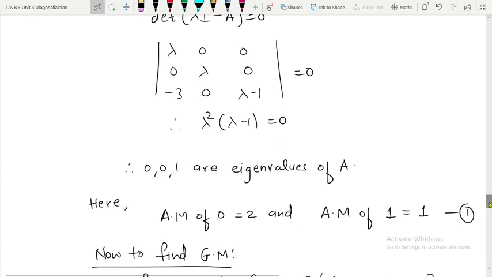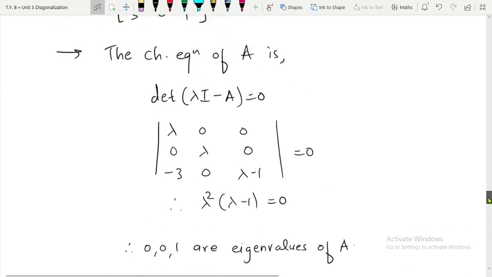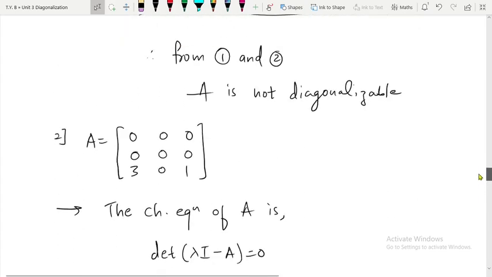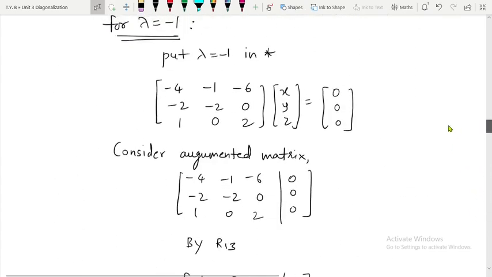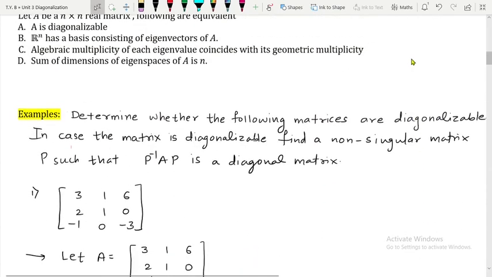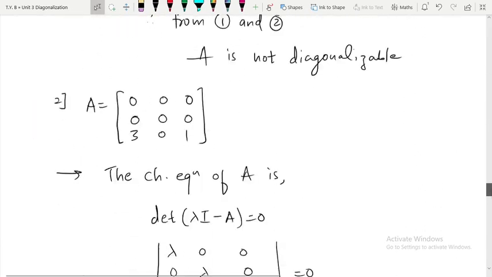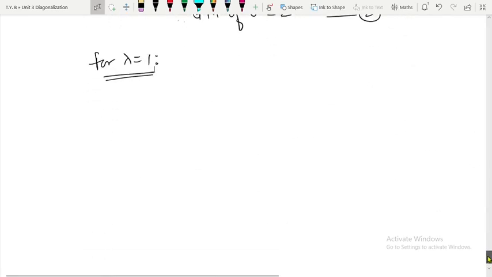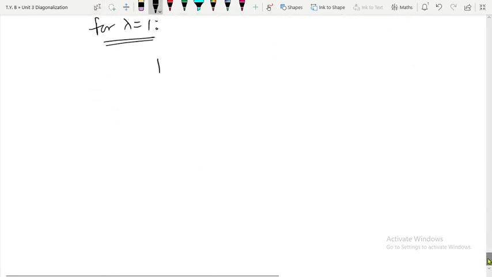So it is going to be diagonalizable, but we are doing the further calculations in order to find the matrix P, because they have said that if it is diagonalizable, then we have to find a non-singular matrix P such that P inverse AP is a diagonal matrix. So how to do that I will show you. So for lambda equal to 1, I am going to put lambda equal to 1 in star.